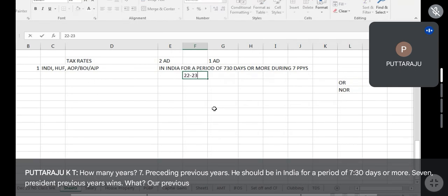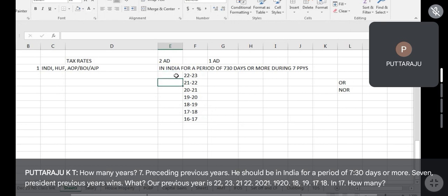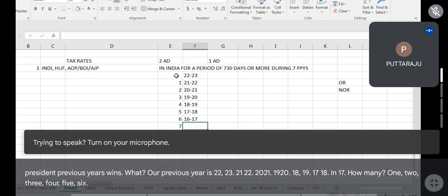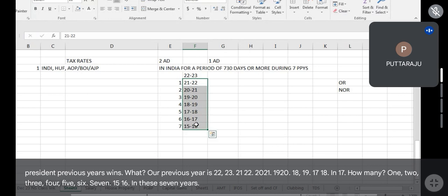Our previous year is 22-23, then 21-22, 20-21, 19-20, 18-19, 17-18, and 16-17. How many? 1, 2, 3, 4, 5, 6, 7. In these 7 years, his stay should be 730 days or more.